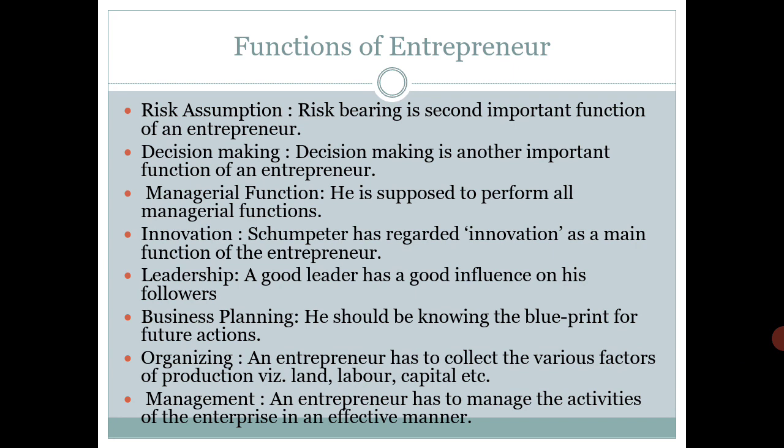he is required to collect all the factors of production, establish a link between all these factors of production and start the production activity. Whenever he organizes all the factors of production, at that time he has promised something.